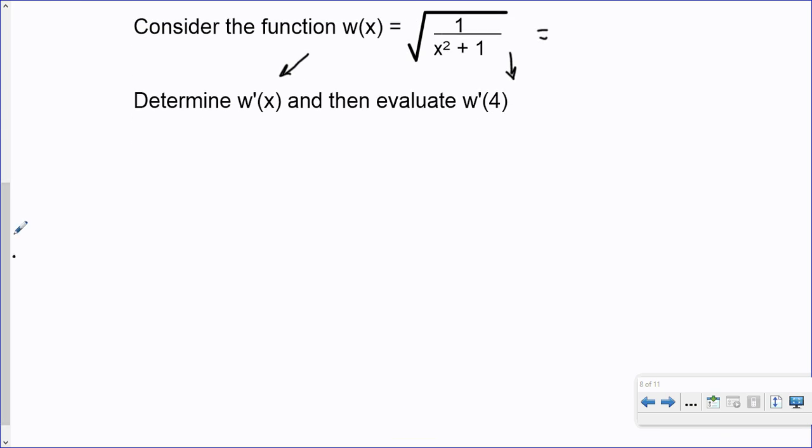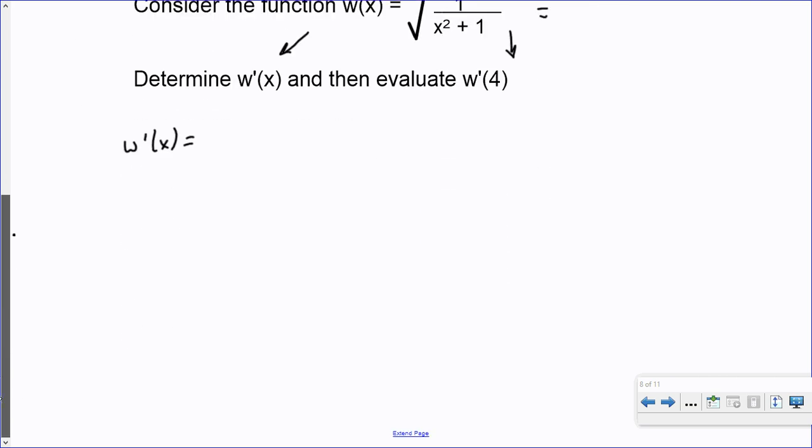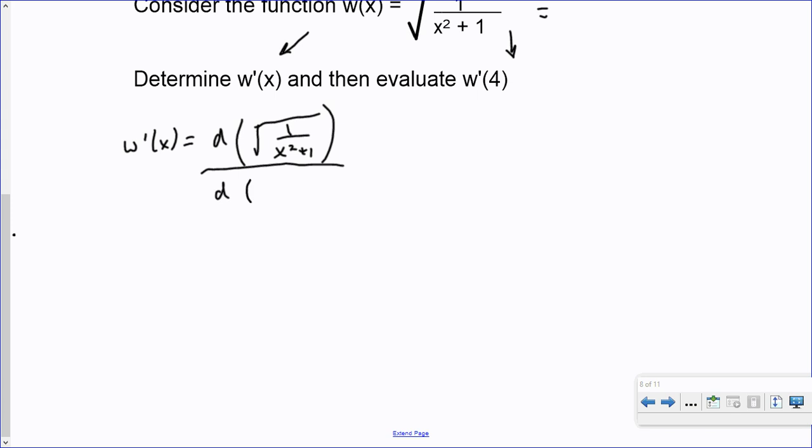Now, in order to find the derivative of this function, I use the chain rule here. The derivative of my function starts with my original question. I have to find the derivative of, and I'm going to find it with respect to, okay, so this is asking me to take the derivative of the square root function first.